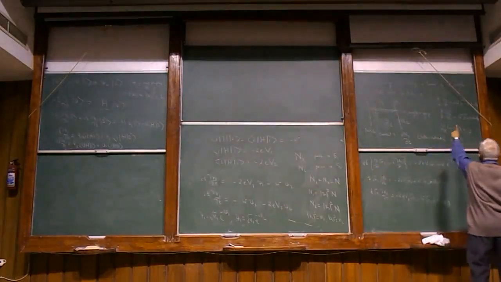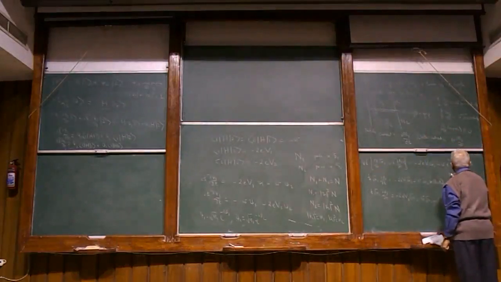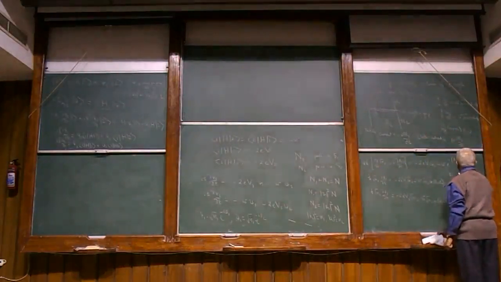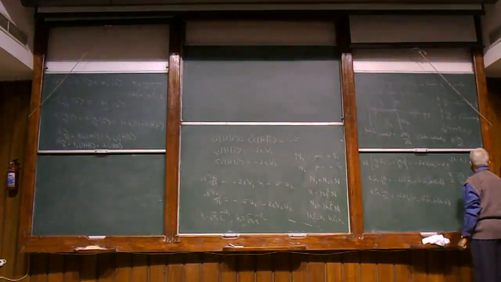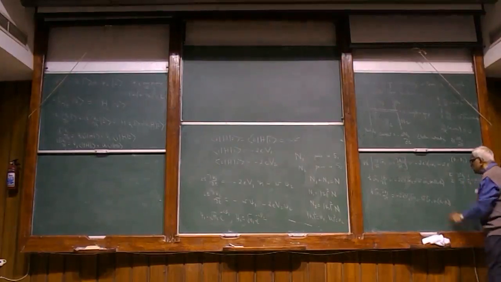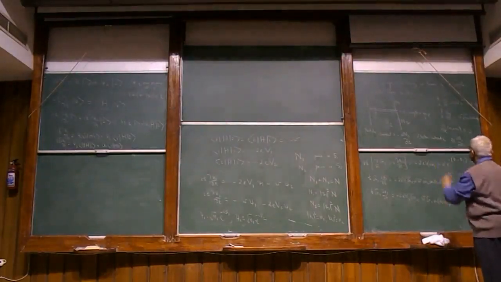So this is h bar by 2 del dN1/dt divided by capital N, which is equal to minus W square root of N1 N2 sine of whatever that phase part is, and it is this current.